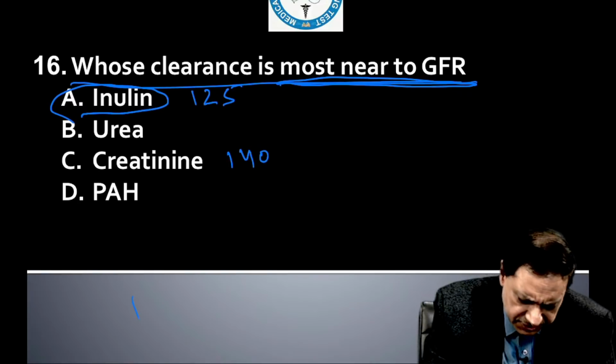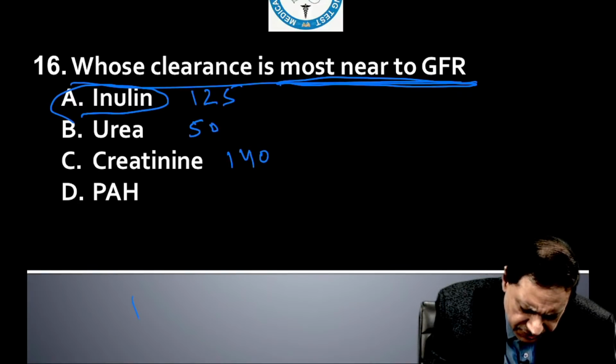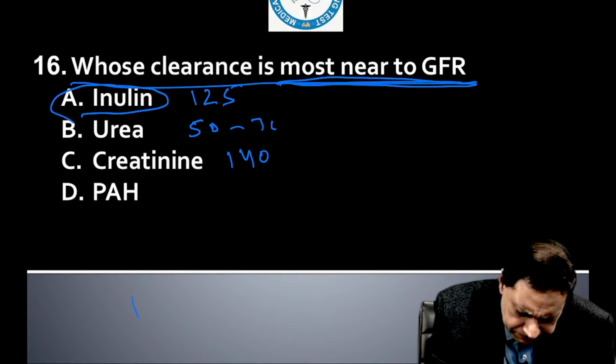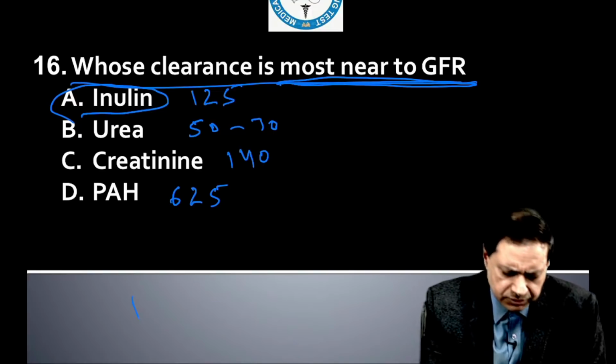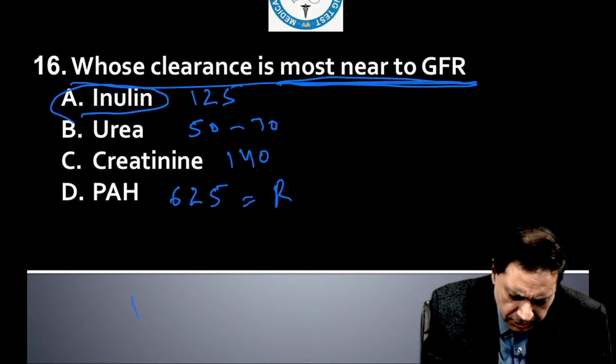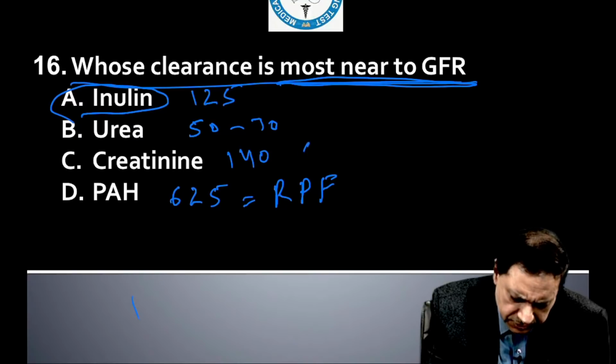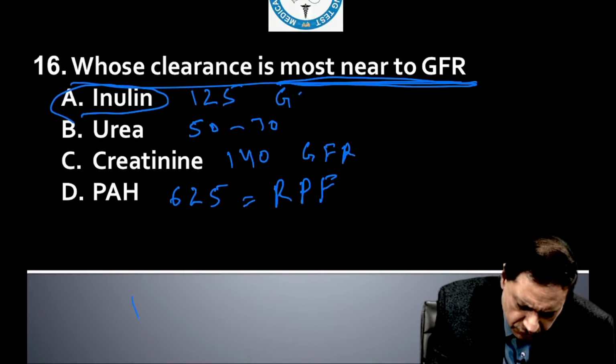Urea clearance is 50 to 70. PAH clearance is 625, which is equal to renal plasma flow. This is GFR, slightly more than GFR, the most accurate.